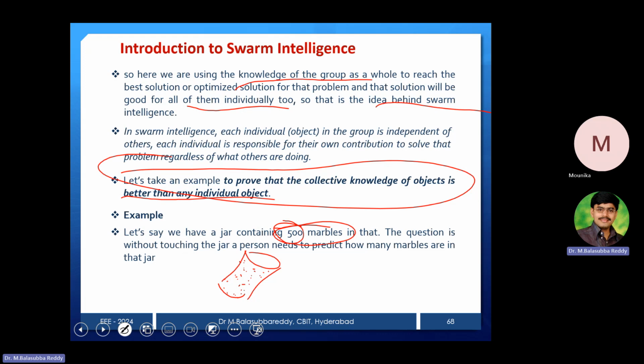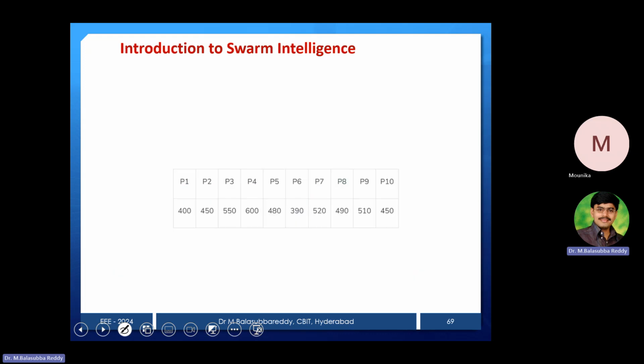If you consider all the data, in ascending order, you discard the highest 5% and the lowest 5% of values. The remaining values you take the average of, and your answer gets very near to the actual answer of 500. That's what I'm trying to say here.